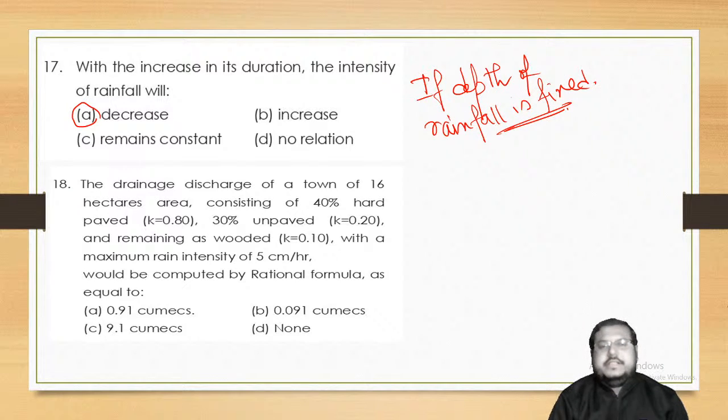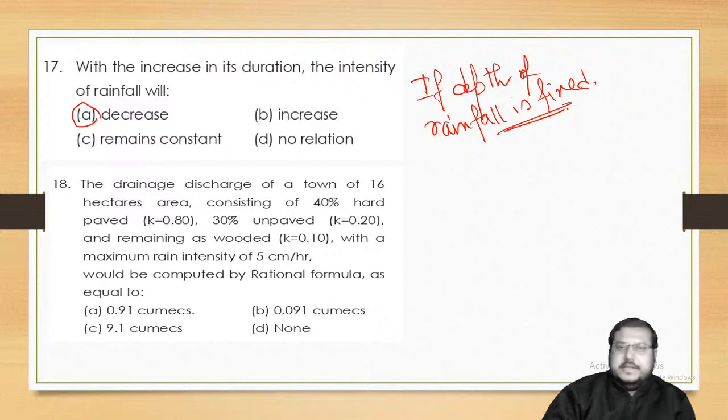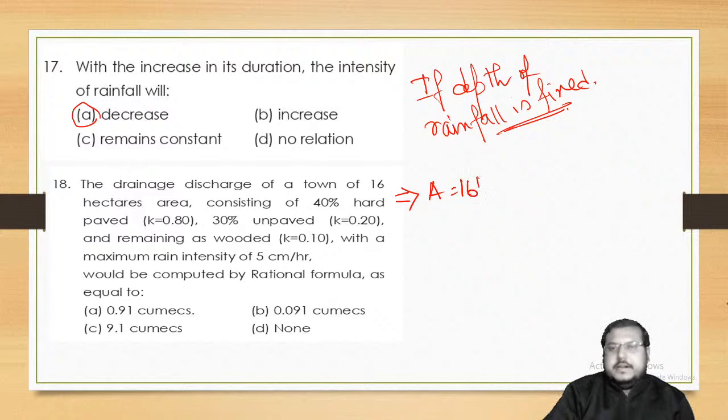Question number 18. The drainage discharge of a town of 16-hectare area, consisting of 40% hard paved, will be computed by the rational formula. Okay, let's see. Area is given as 16 hectare.